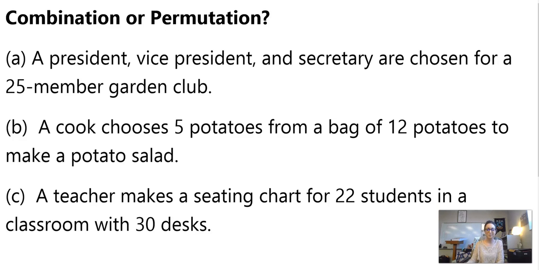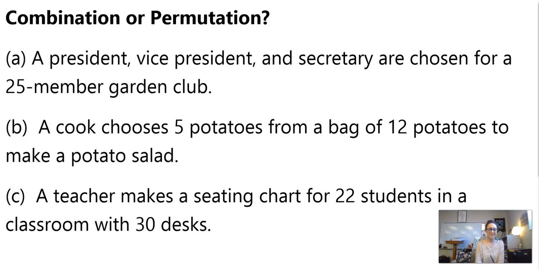All right, so before we do some word problems, will you just decide for A, B, and C, is it a combination or permutation? Read through them. I'm going to force pause on the screen, hit continue when you think you've got your correct answers chosen. All right, so for part A, a president, vice president, and secretary are chosen for a 25-member garden club.